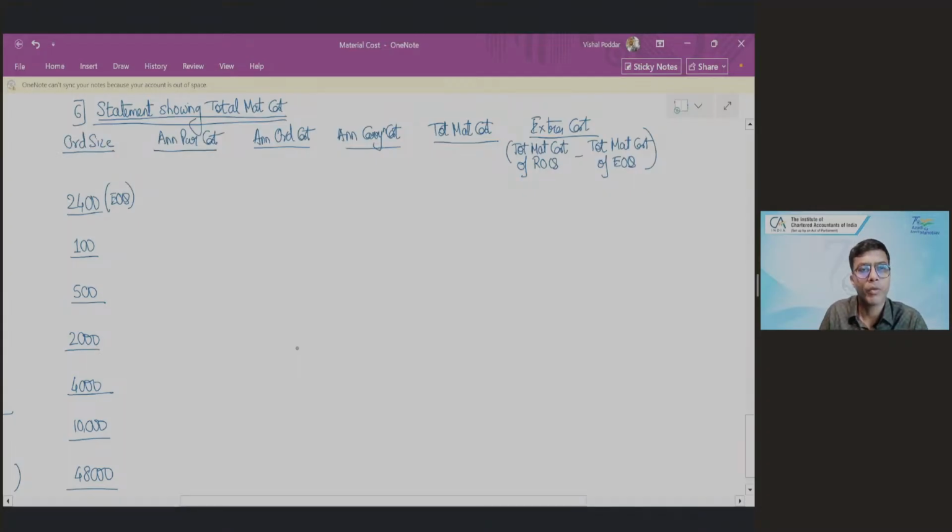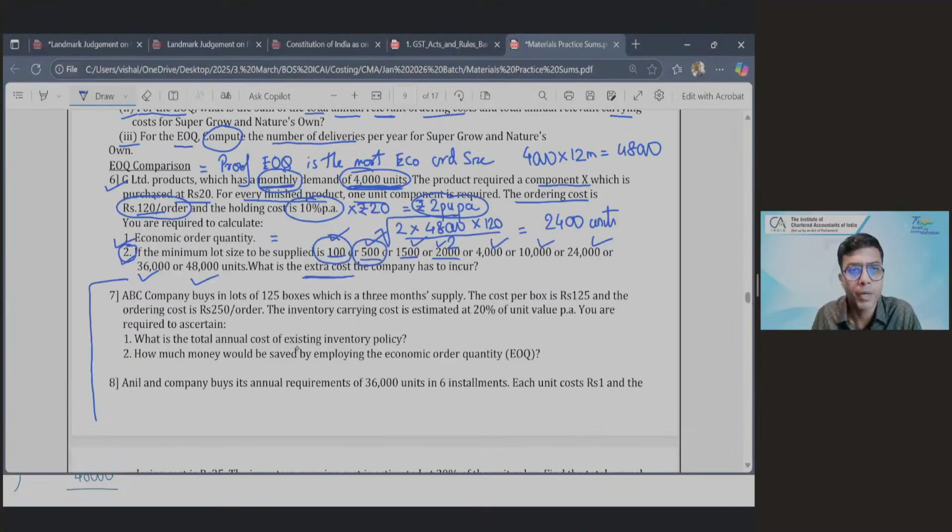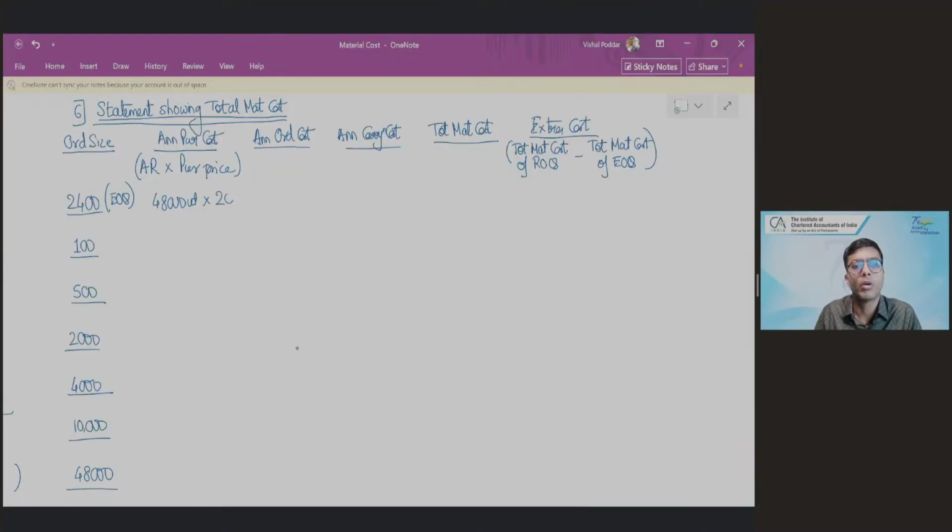Now, the formula you should mention. How do we find out annual purchase cost? It is AR into purchase price. Now, how much is our AR, students? It is 48,000 units into how much was my purchase price? Purchase price was rupees 20. Now, remember, students, for all the options, my purchase cost is going to be the same.